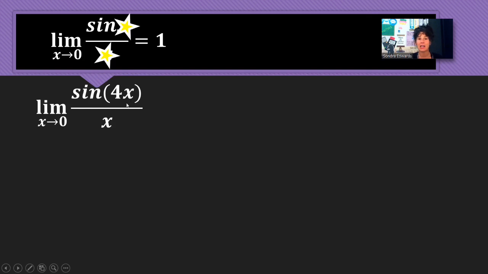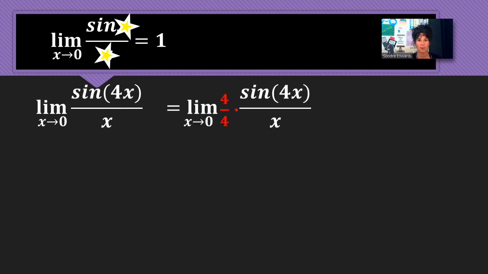Since I can't do anything about this 4x, I want there to be a 4 right there. Now, as silly as this sounds, we're just going to put it there. We can always multiply by another name for 1. So I'm going to multiply the numerator and denominator by 4.